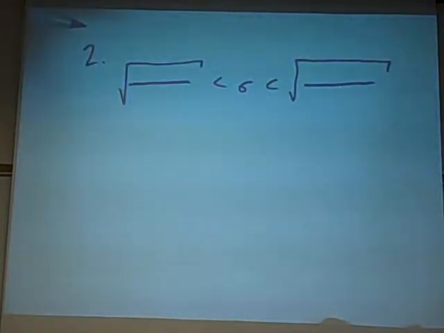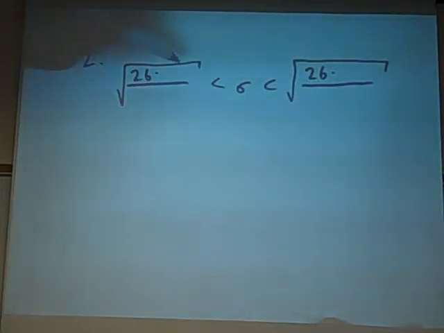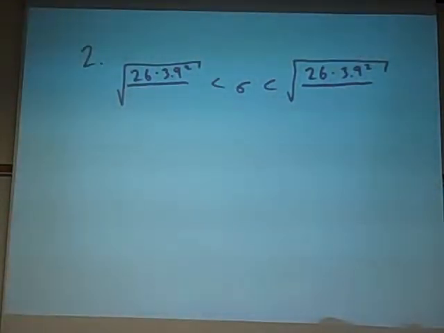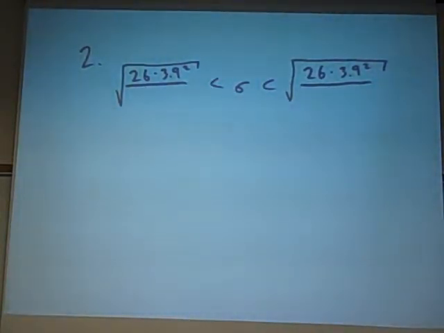So n is 27, so n minus 1 would be 26, times not s, s squared. So it's important not to leave that out. So this will be 3.9 squared. And then we have to divide by the correct chi-squared critical values. So the right one's on the left, right?